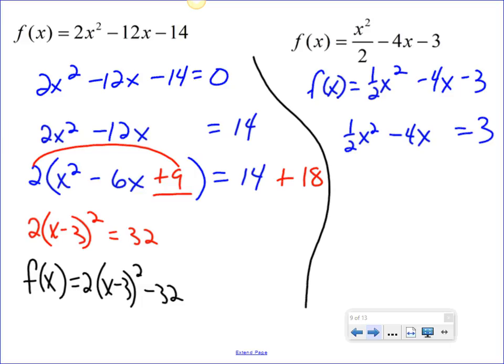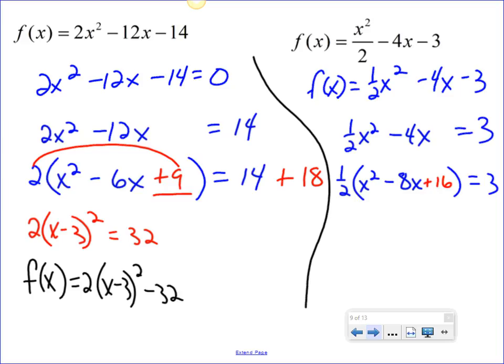And now I'm going to factor out a 1 half. If I factor out a 1 half, I'm going to have an x squared, in this case minus an 8x. Over here, I still have a 3. So we take half of the middle term, which is 4. 4 squared is 16. So what I'm going to add on to both sides is a 16.